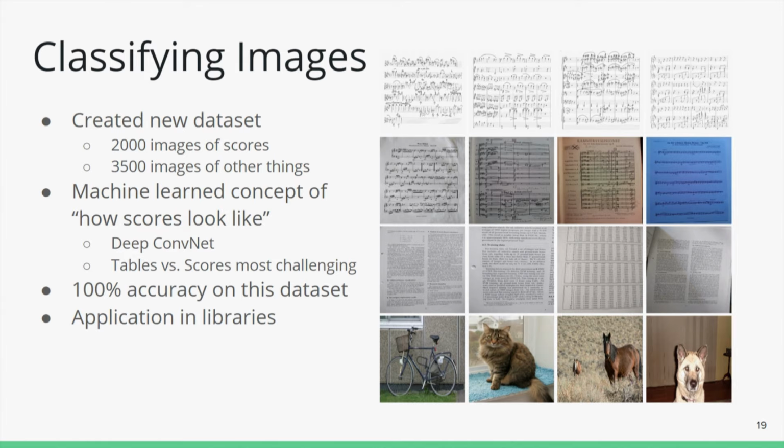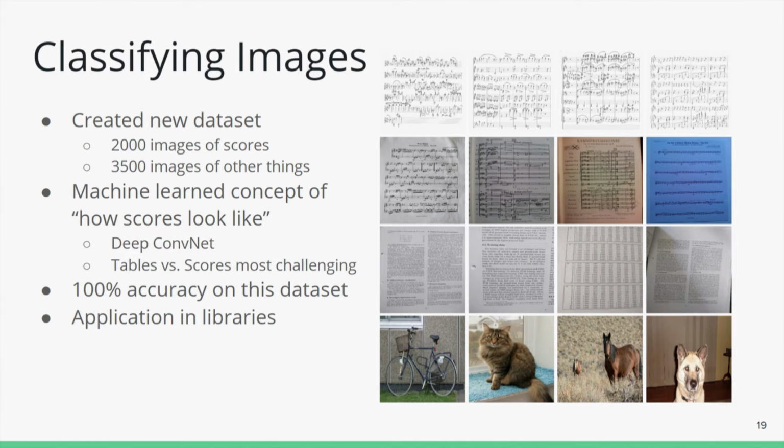And the task for the machine was to learn how scores basically look like. And if you know deep convolutional neural networks, and if you're aware of deep learning, then you will probably know that this is a kind of easy challenge. Therefore, it will come as no surprise that I achieved 100% accuracy on this data set.